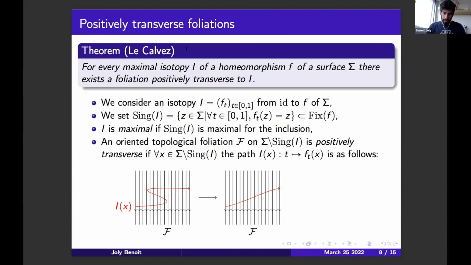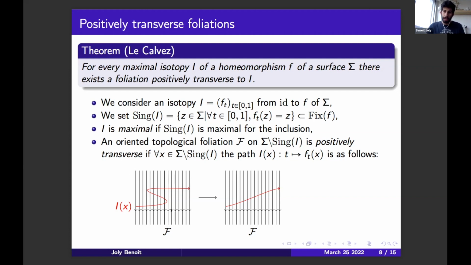And for every maximal isotopy, Le Calvez proves that there exists a C0 oriented topological foliation on the complement of Sing of I, which is positively transverse, meaning that for every point which is not a singularity, the path of this point through the isotopy may not be positively transverse to the foliation, but it is positively transverse to the foliation up to an isotopy relative to the endpoints.